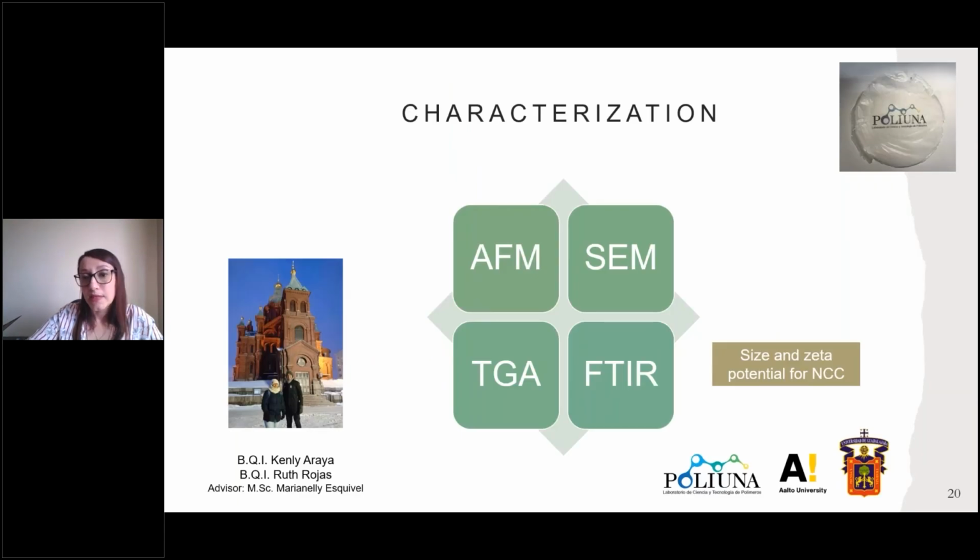For the characterization, we did AFM, TEM, FTIR, and also we analyzed size and zeta potential for the case of NCC.